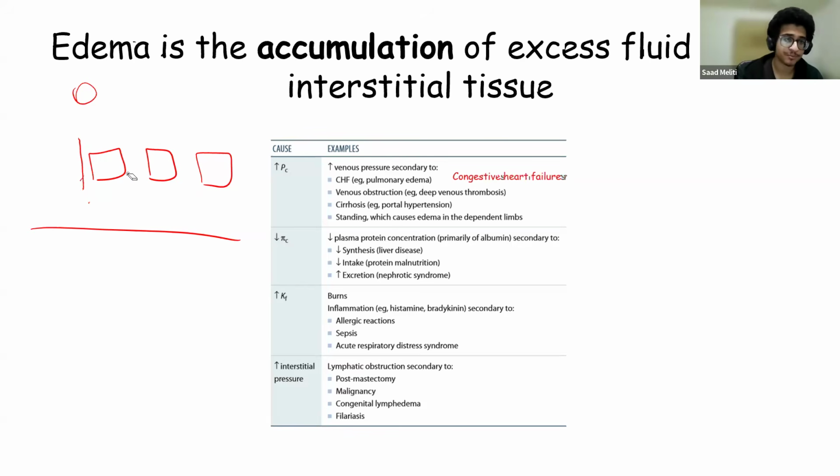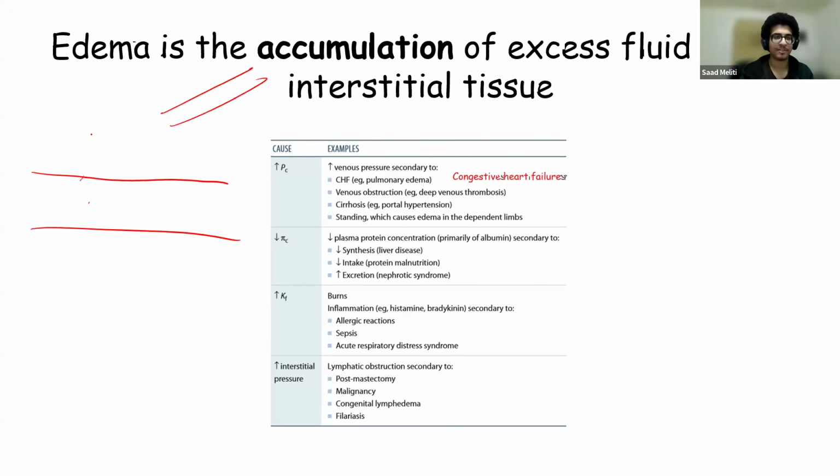Now, the last example is increased interstitial pressure, okay? Remember how I was talking about the lymph? The lymph takes out all the excess fluid back into the blood. Well, if the lymph is obstructed, it can't take the fluid back up. Khalas. This fluid that got filtrated is going to stay there, and there's going to be more filtrate all the time. This filtrate is going to accumulate because the lymphatics can't clean up the mess, okay?